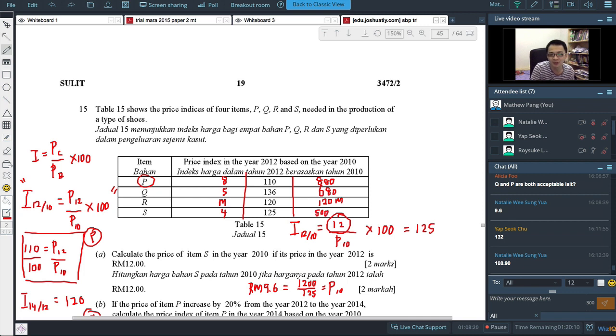Because for the composite index, it equals the sum of the index multiplied by weightage over the total of the weightage.